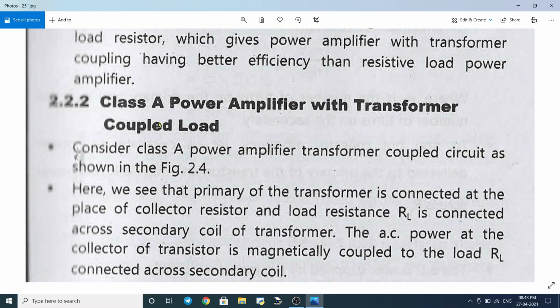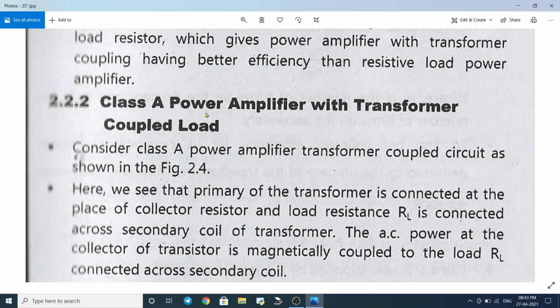Similarly, we can study the second type of class A power amplifier circuit, that is class A power amplifier with transformer coupled load.